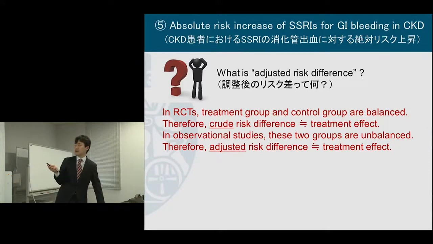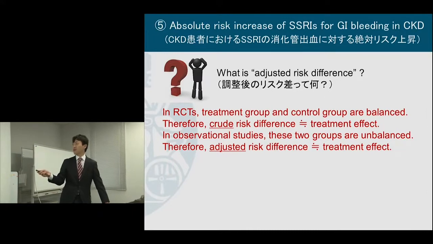After learning for a while, I understood that in RCTs, the treatment group and control group are well balanced because of randomization, and you just take a difference between the groups, which is crude. But this is the treatment effect because there is no confounding between the groups. But in observational studies, if you take the difference between the groups, this is unadjusted, and these are confounded.